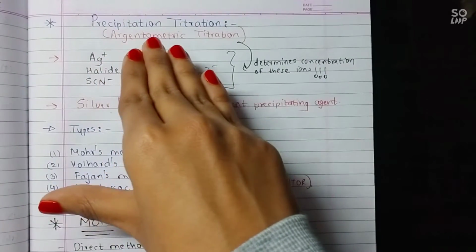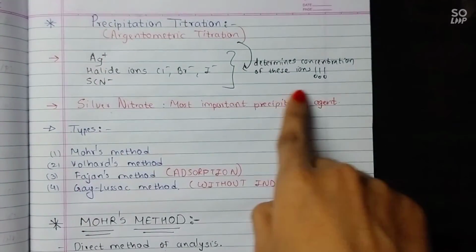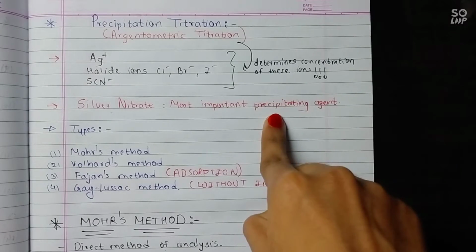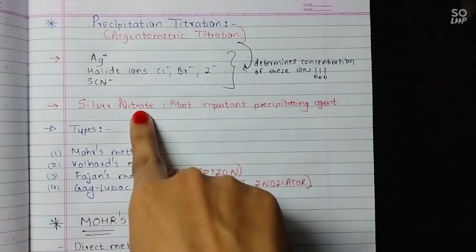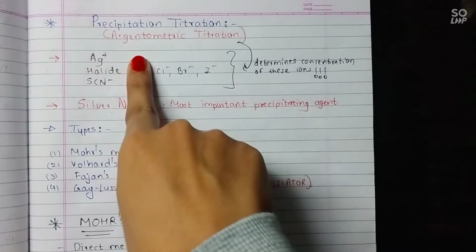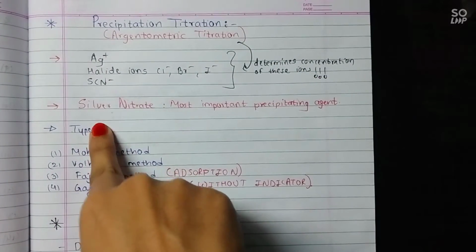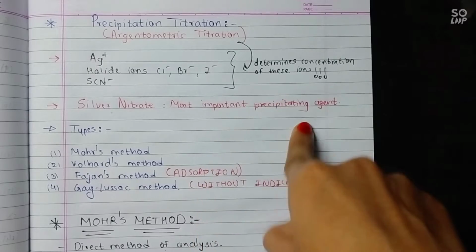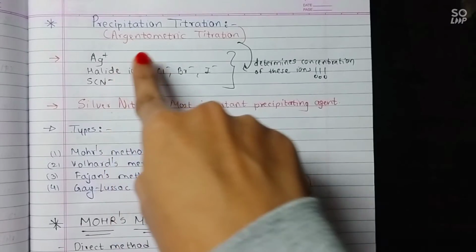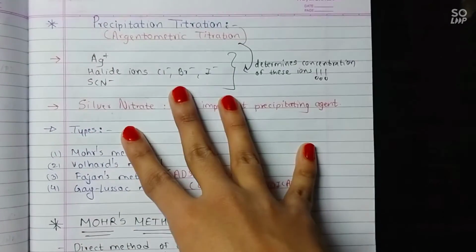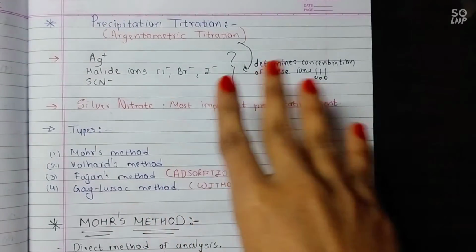Why is it named so? Here, in precipitation titration, we are using a precipitating agent, and that precipitating agent is silver nitrate. As it uses silver nitrate, it is named argentometric titration. The name itself suggests precipitation titration, so here we will have precipitates at the end, and once this precipitation occurs, it means the end point is achieved.